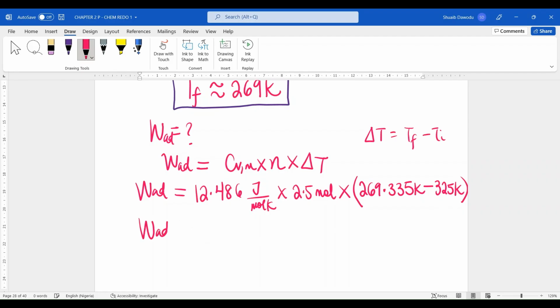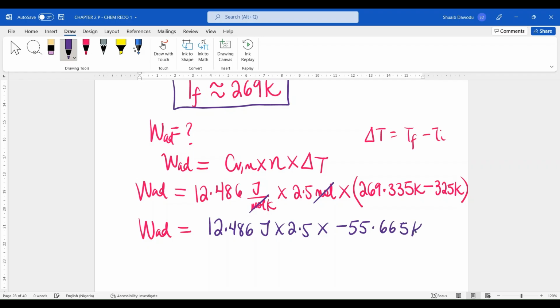So the adiabatic work done is just, cancel mole, 12.486 joules times 2.5 times 269.335 Kelvin minus 325 Kelvin, which is just simply negative 55.665 Kelvin.